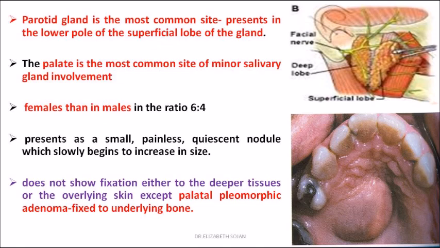It is a benign tumor. But in the palate, it is fixed to the underlying bone, so it will not be palpable at all. The last important point: it is mostly seen in females compared to males, and the ratio is around 6:4. These are the important MCQs related to pleomorphic adenoma.